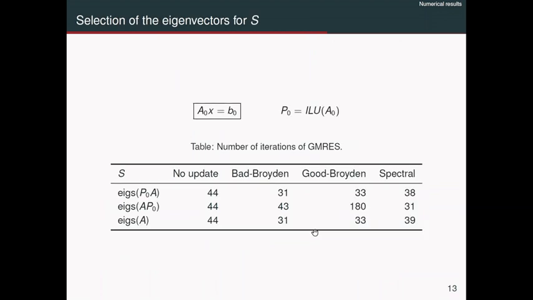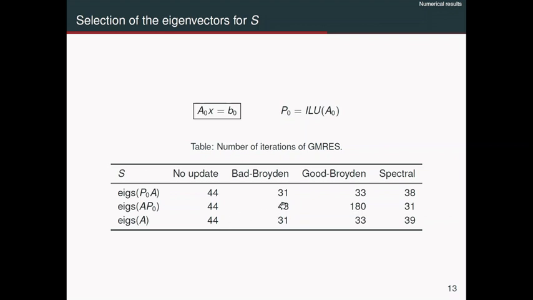So to test the selection of the eigenvector of S, we select the first linear system, and the P0 will be the ILU of A0. In this table, we can see the number of iterations of GMRES if we don't use any update to the preconditioner. So the number of iterations is 44.